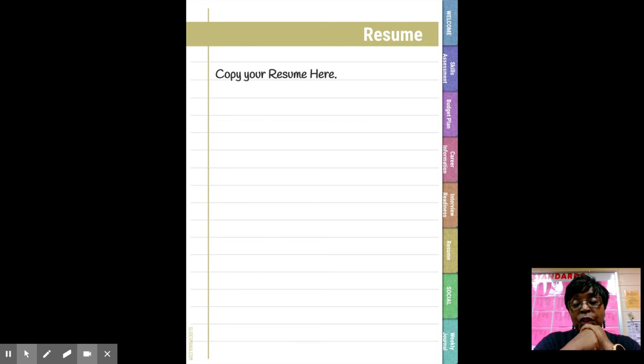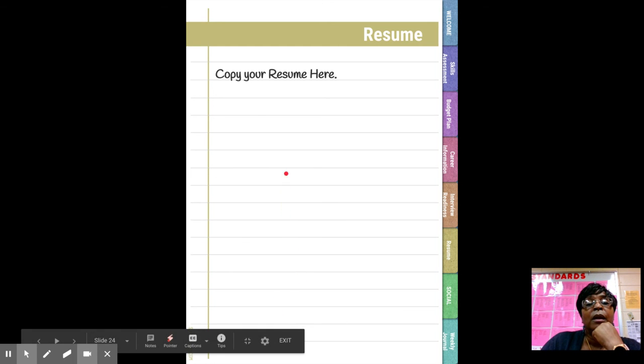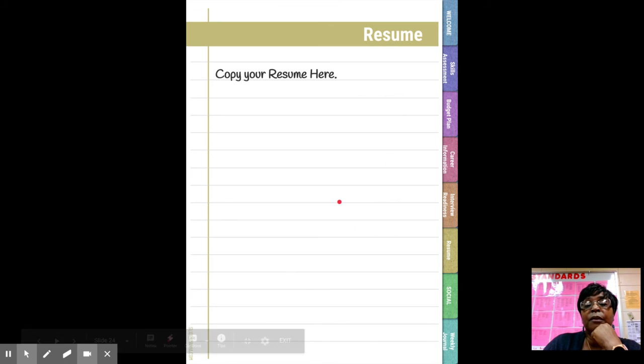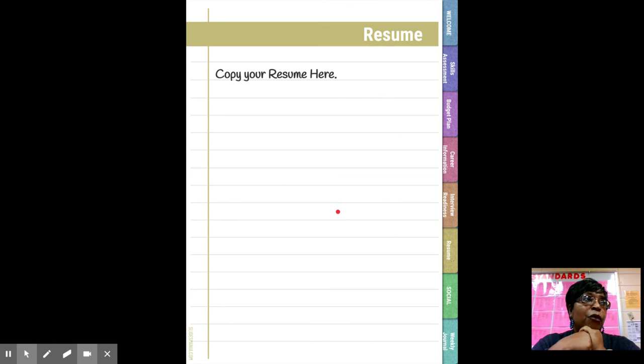Also, you can go and do some research on resume writing and use that as a tool or an example of how you are to write your resume. Copy your resume here once you have typed your resume out, but make sure that you're using the same format that we've already used in the following copy.